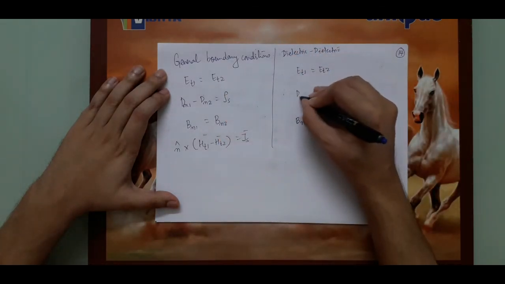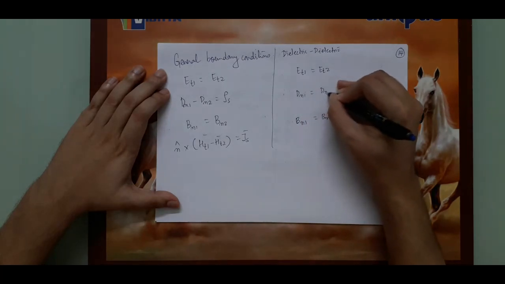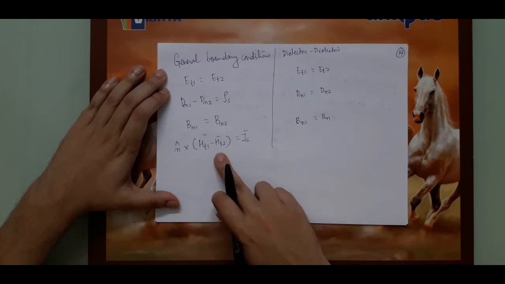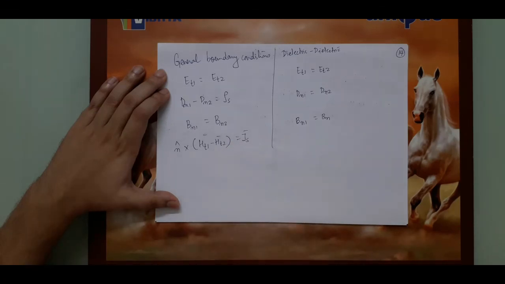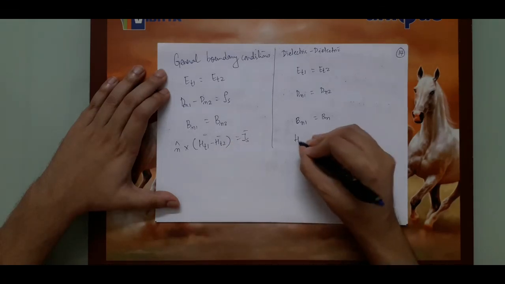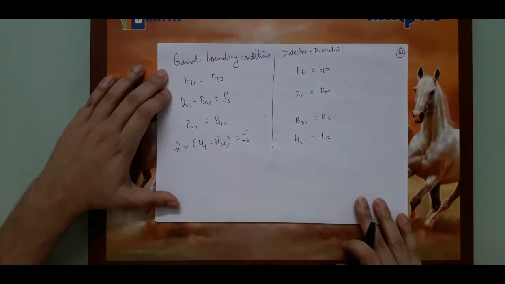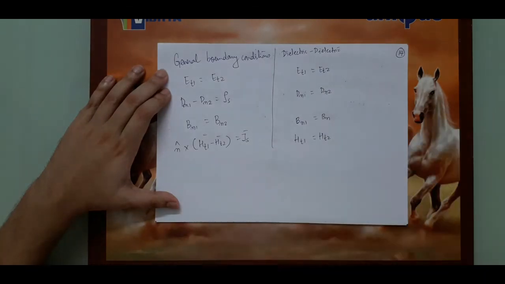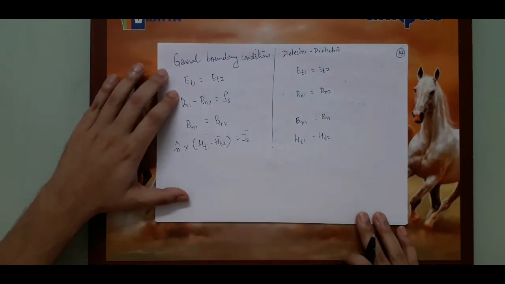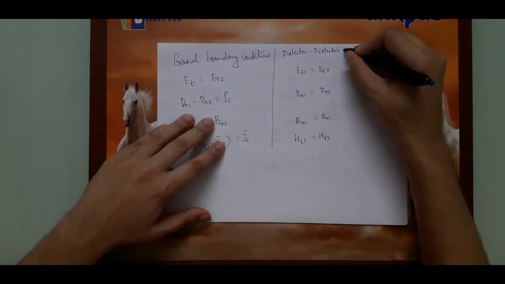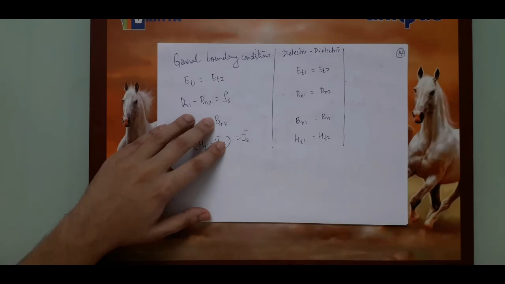So DN1 will be equal to DN2. And also in case of dielectric there is no concept of surface current. So therefore we can say HT1 will be equal to HT2. So dielectric boundaries are the best. All components, normal and tangential, are continuous. So that is why dielectric boundaries are easy to analyze.